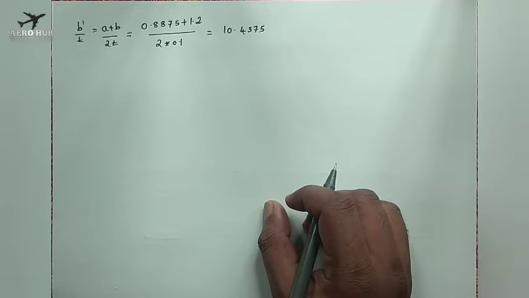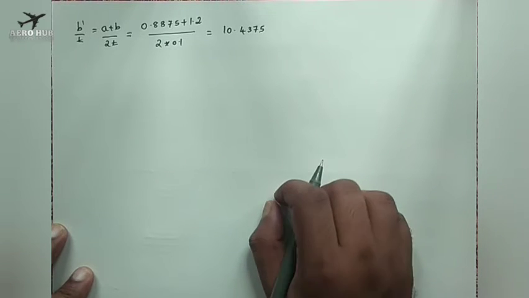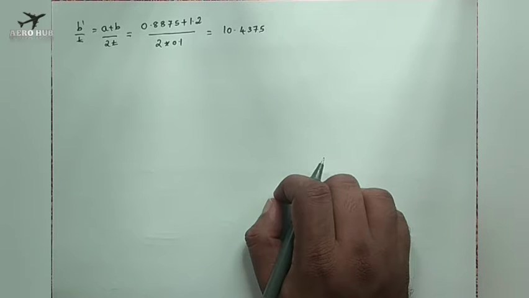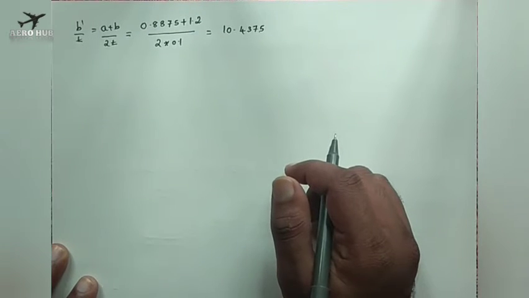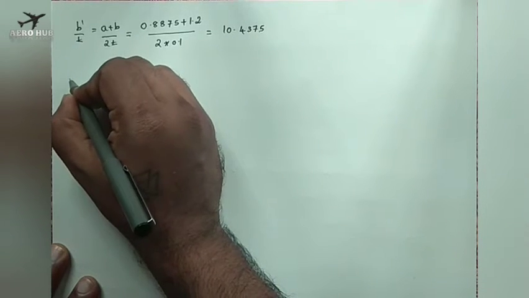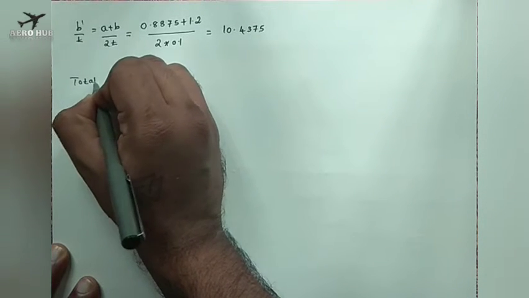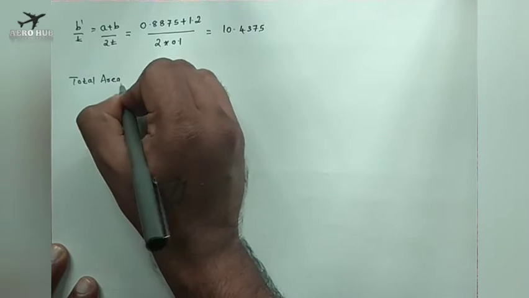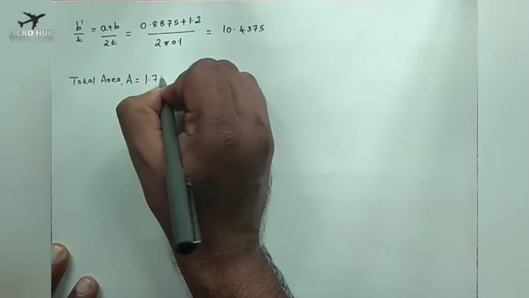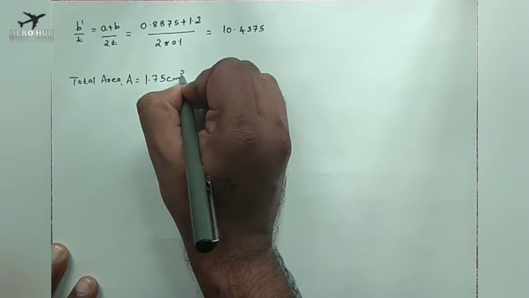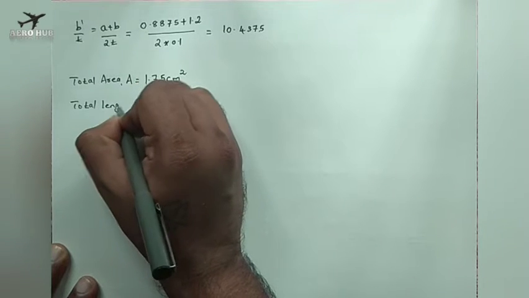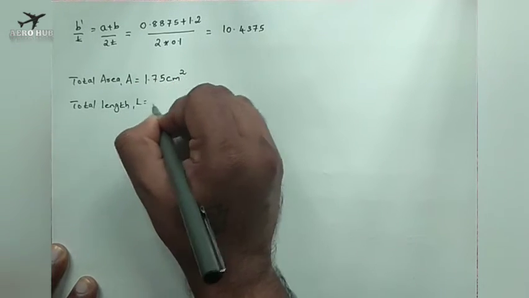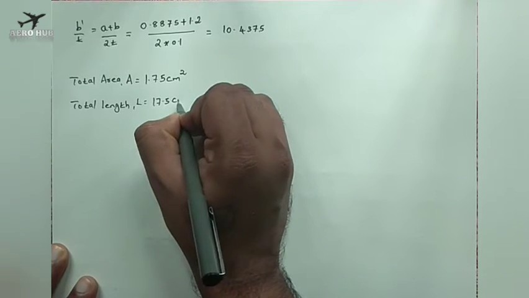Now we have to find out the area of the angle 1. To find out the area of angle 1, we need area per unit length. The total area, I'll write as A, is equal to 1.75 centimeter square, that is given in the question, and the total length we already derived, L is equal to 17.5 centimeter.